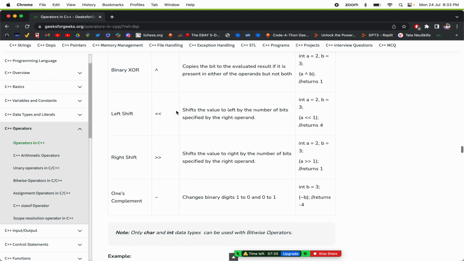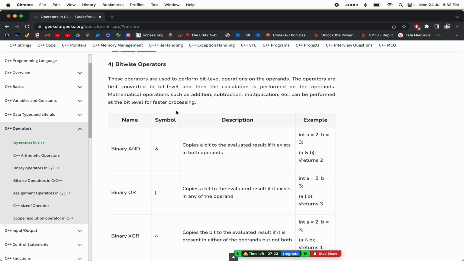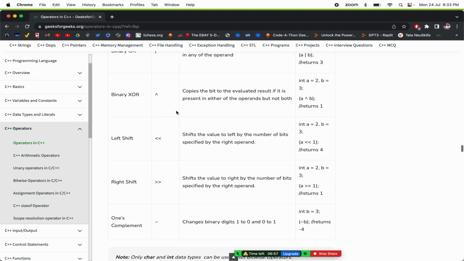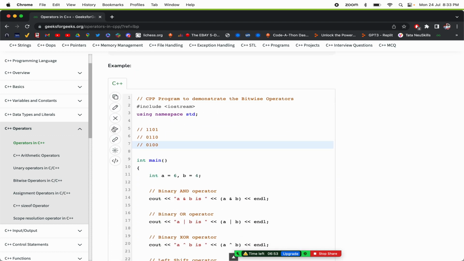All right, so next we can move on to the binary OR operator. That copies a bit to the evaluated result if it exists in either of the operands. This is just a bit complicated language. What OR basically checks is, if one of the bits is 0 and the other bit is 1, then OR will return 1. Let's look at the same example, 1101 and 0110.